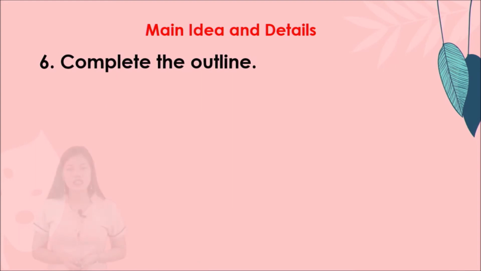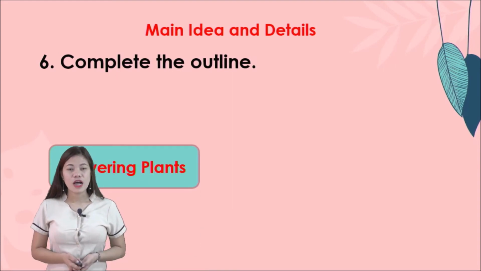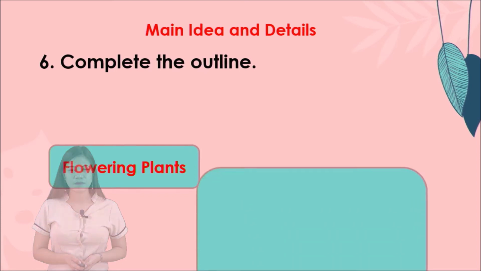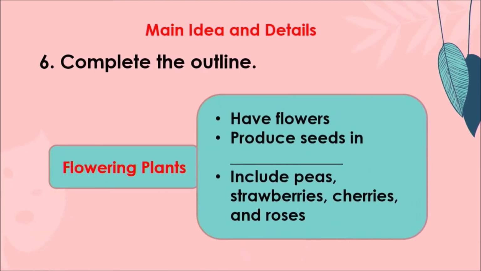Now let's move on to number 6. Complete the outline. Under flowering plants, these are the clues. Have flowers, produce seeds in blank, include peas, strawberries, cherries, and roses. Now let us answer the clue number 2. Produce seeds in blank. The answer is flowers.